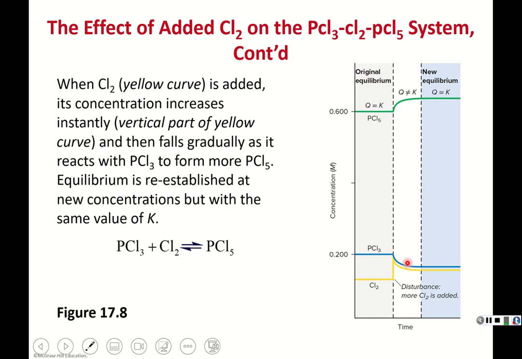And we can think about this graphically as well. If you just plotted out what our concentrations of all of these things were, right at equilibrium when we start, they would be flat lines because they're not changing. Right? Now our disturbance is adding more Cl2. We add more Cl2. Now there's going to be a change.